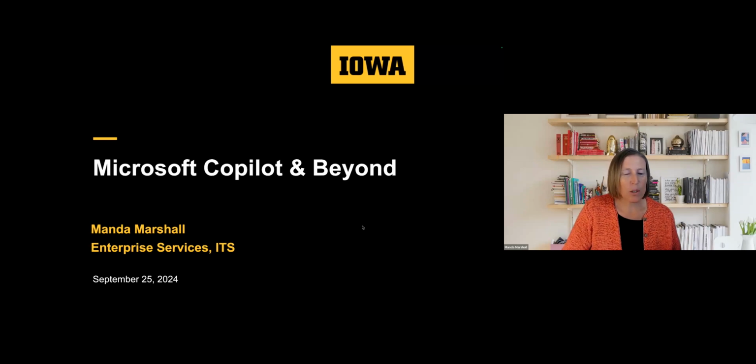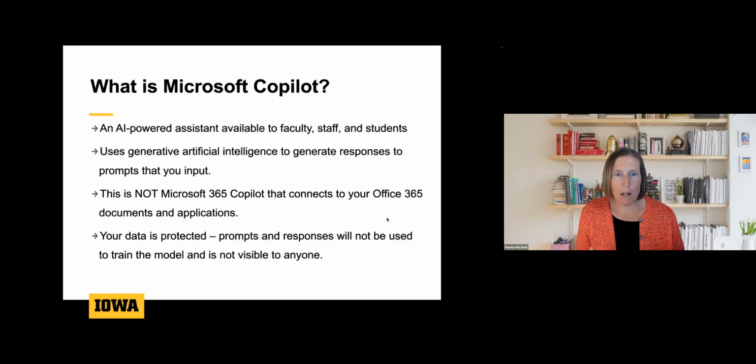So the first thing we're going to do, if anybody is new to thinking about using an AI assistant tool such as Microsoft Copilot, I just want to talk a little bit about what that is. Copilot Enterprise here is an AI-powered assistant. It's currently available to all faculty, all staff, and all students here at the University of Iowa, and that has been available since about earlier this spring of this year. It's a tool that uses generative artificial intelligence to generate responses to prompts that you input.